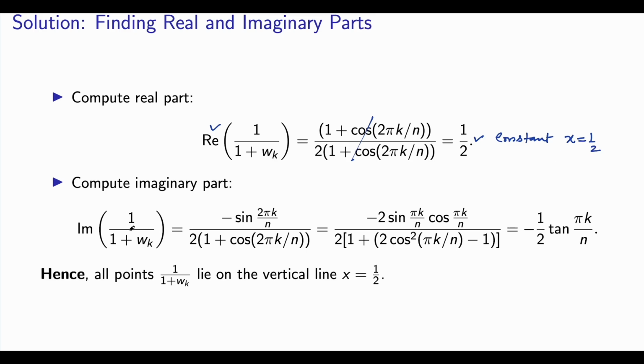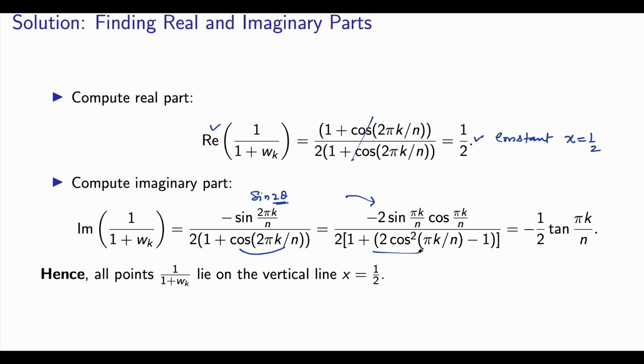So now compute the imaginary part. In the imaginary part you see sine 2 theta type terms, right? So we are going to use the formula sine 2 theta equals 2 sine theta cosine theta, and similarly we are going to write cosine 2 theta equal to 2 cosine square theta minus 1.